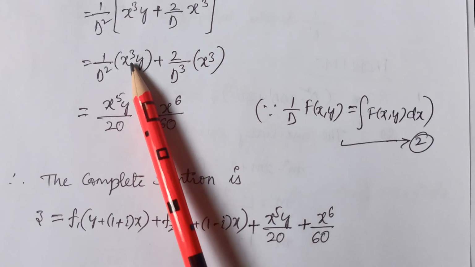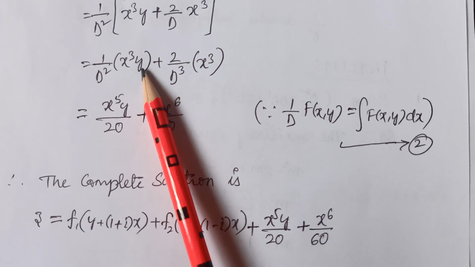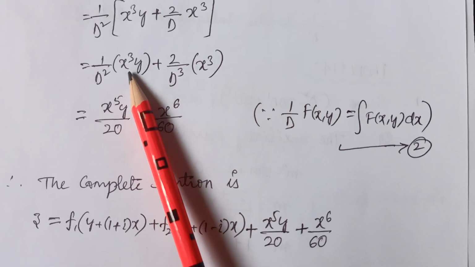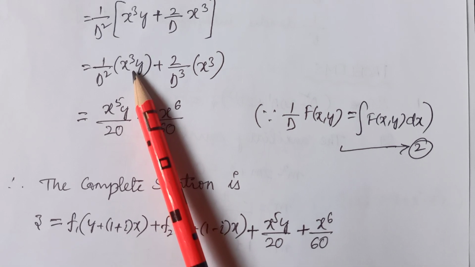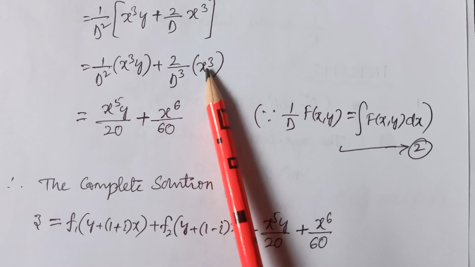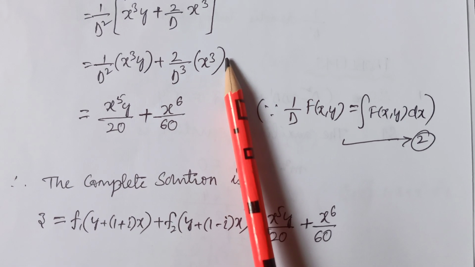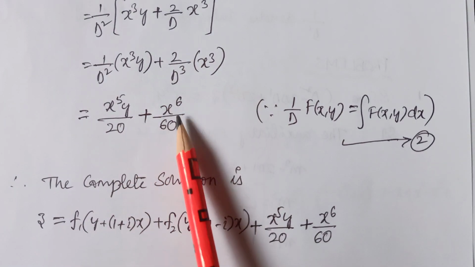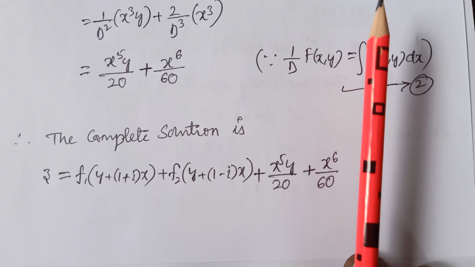So here we need to integrate only x cube, with y constant. 1 by D square of x cube means we have to integrate x cube twice, and here we have to integrate x cube thrice. By integrating that you will get x power 5 y by 20 plus x power 6 by 60.